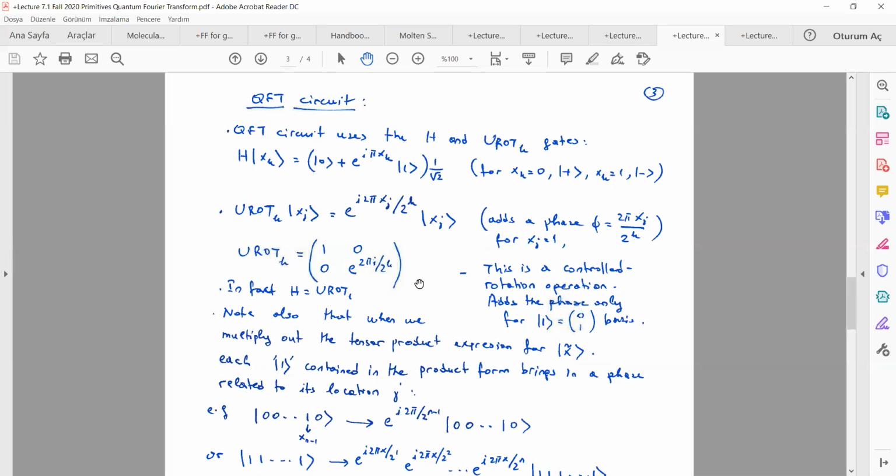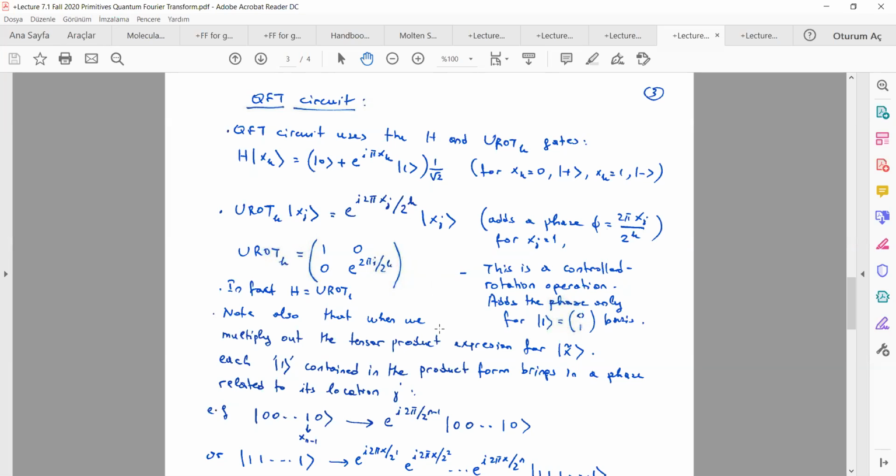But if you apply this operator on ket1, which is the column vector 0, 1, it picks up this phase, e to the 2 pi i over 2 to the k. So this is what U0 does. If x sub j is 0, it does nothing. It doesn't add any phase. But if x sub j is ket1, it adds this phase in front.